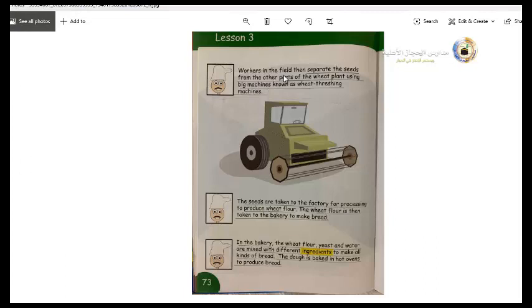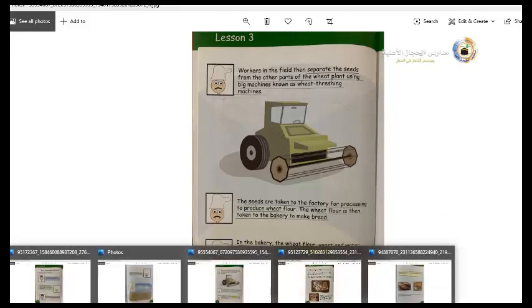So workers in the field then separate the seeds from the other parts of the wheat plant using big machines known as wheat threshing machines or harvesters. So again, they separate the small seeds from the other part of this plant using these harvesters or threshing machines.